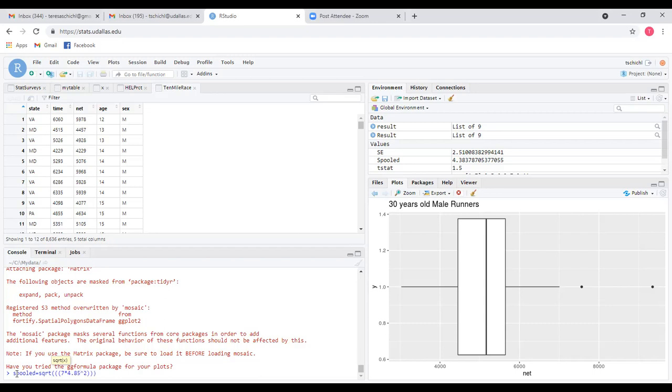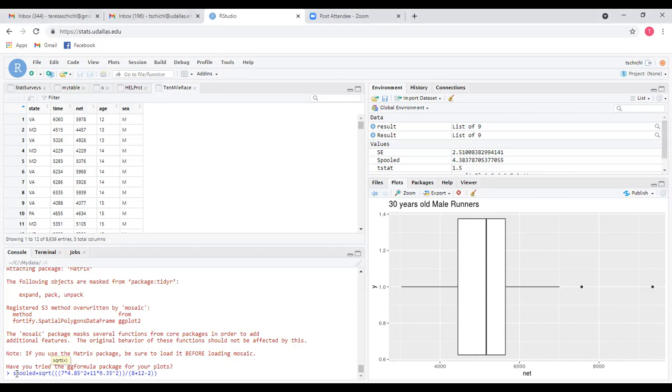So it's 4.81 squared, then plus the second one. How big is the second sample size? 12. So 12 minus 1 is 11. So it's 11 times 6.35, then squared here, right? Now you divide by 8 plus 12 minus 2.